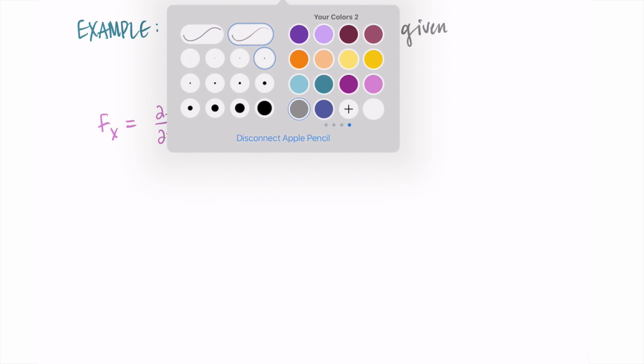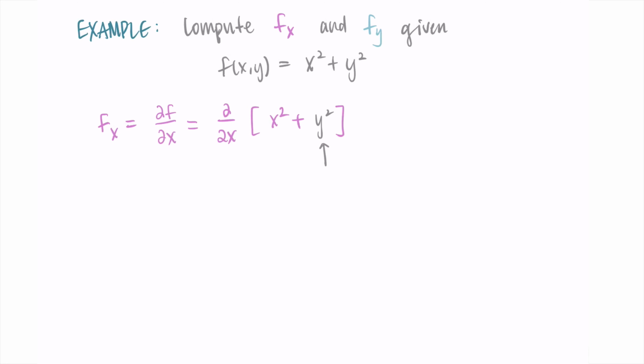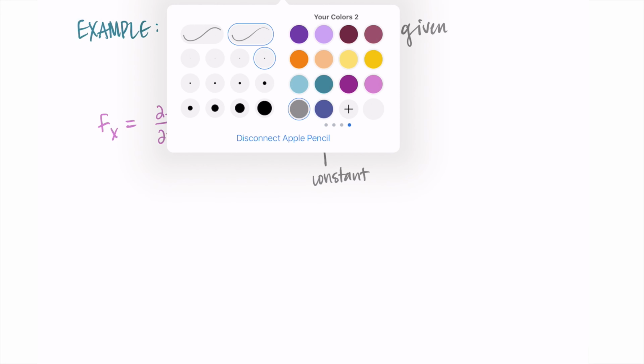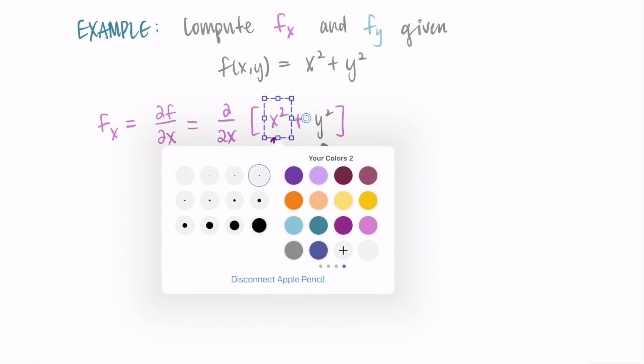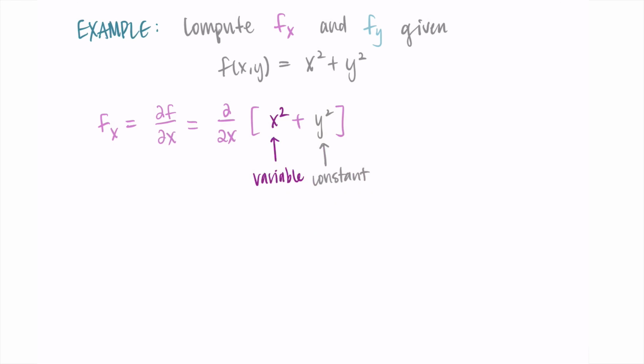So I'm going to label that y squared as a constant. I guess any of the y's, right? Not anything with a y, but any of the y's. And then this x squared is our term that has the variable in it. Okay, and so just to really emphasize that, just remember that x is the only variable here. And so we're pretending for the moment that y is a constant.